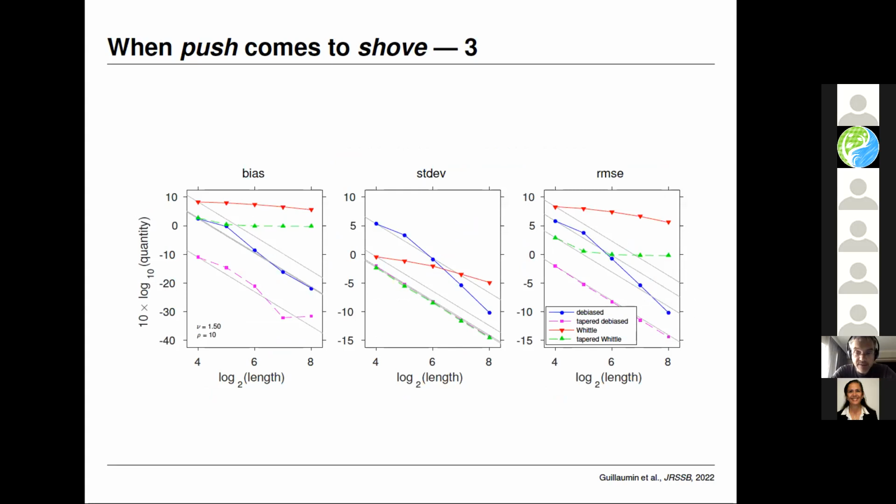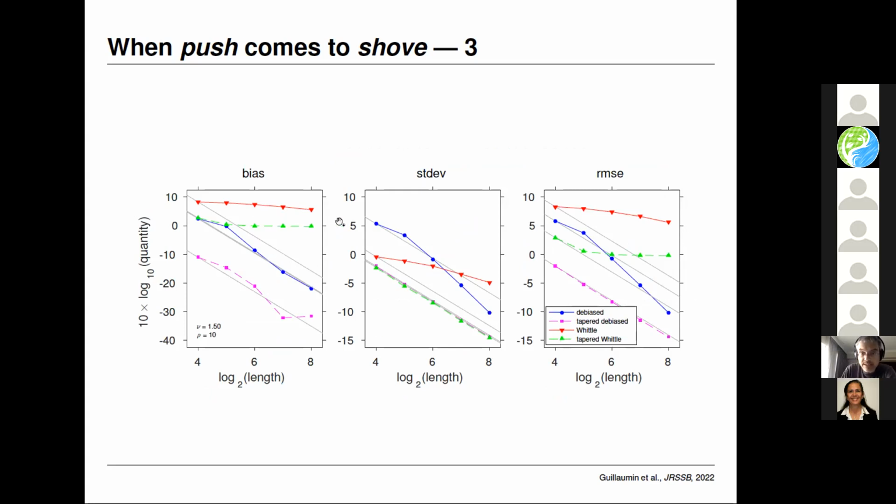This is then the sort of central plot of the paper that shows this consistency. And so you want to take a look at this here, the tapered Whittle, and I'm going to call it yellow, but you should know I'm colorblind, so it may be green, but it's a bright, light colored one.